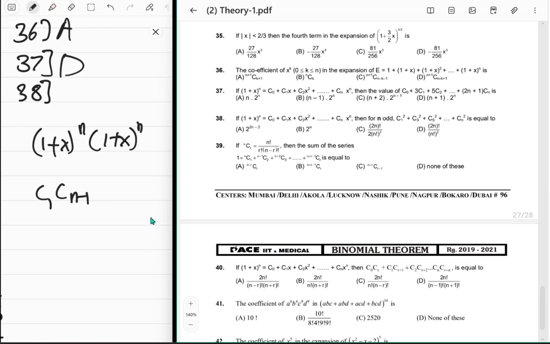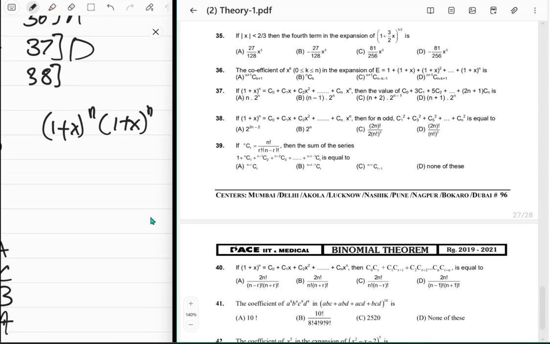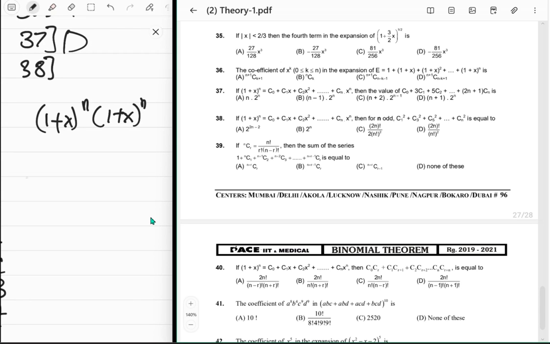You just want the coefficient of x^n from this, but we don't want some other stuff. And what about this series? This series we can deal with, c1 squared plus c2 squared and so on. But what about this series, c1 squared minus c2 squared plus c3 squared and so on?